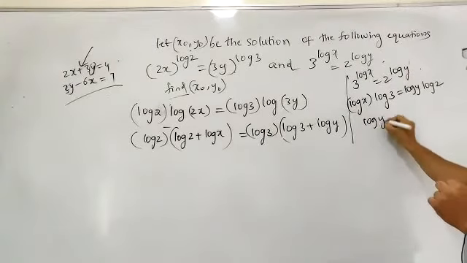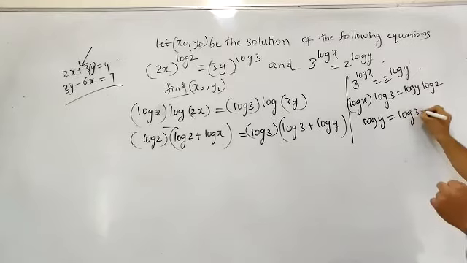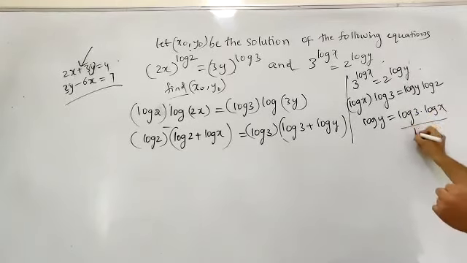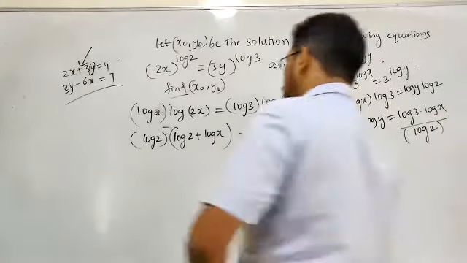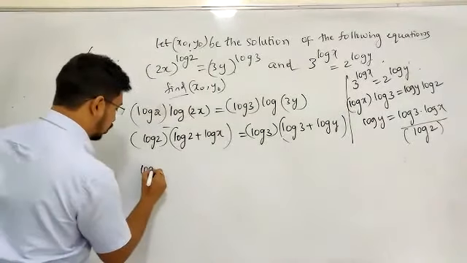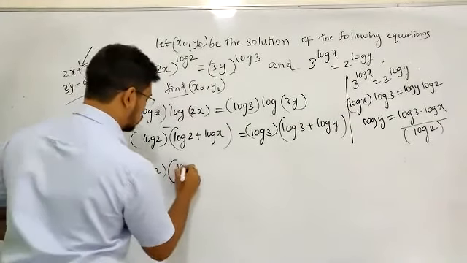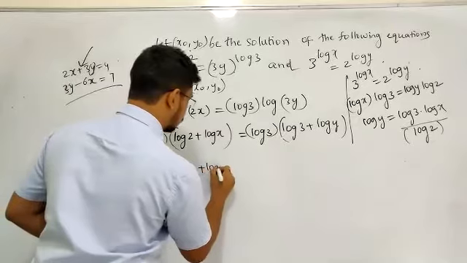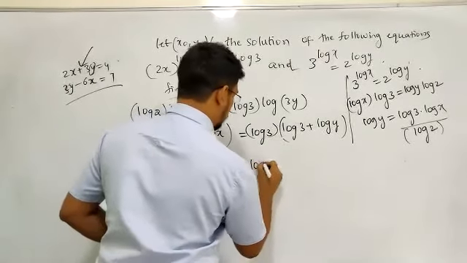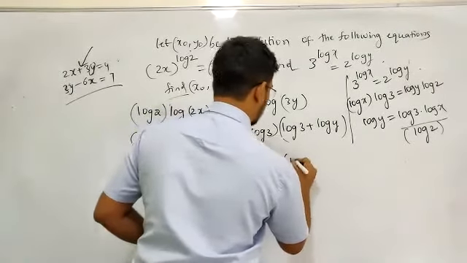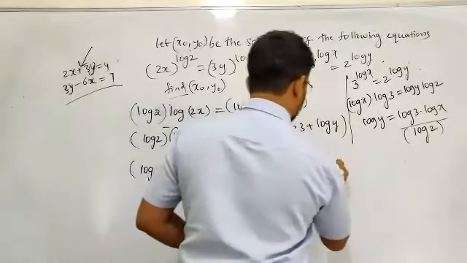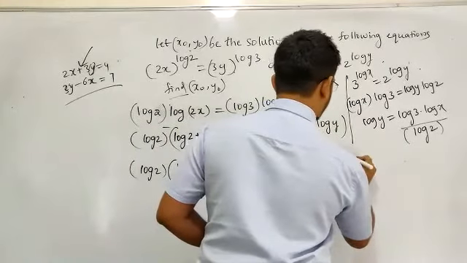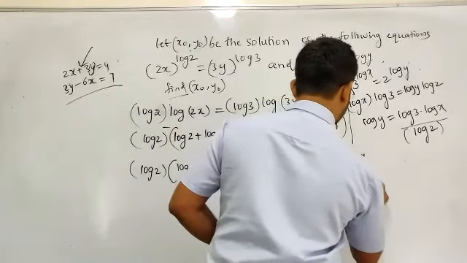So I'll write something like this. Log y is log 3 into log x by log 2. Substitute it here. So we'll be getting log 2 into log 2 plus log x is equal to log 3 into log 3 plus log y, and log y is log 3 into log x by log 2.